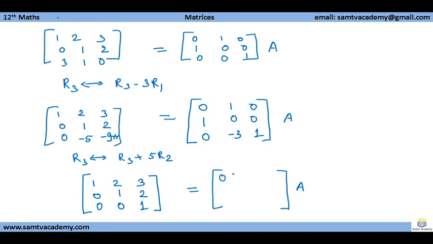So first row 0 1 0, second row 1 0 0, and third row: 0 plus 5, so it will become 5. Next, minus 3 plus 5 times 0, so it will become minus 3, and 1 plus 5R2, it is 1 only. Now next step, we'll go to the next slide.